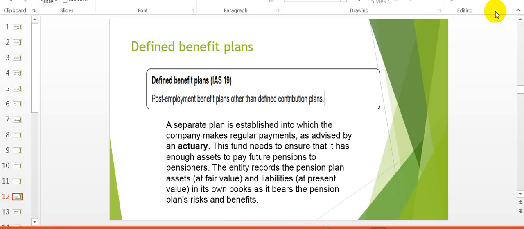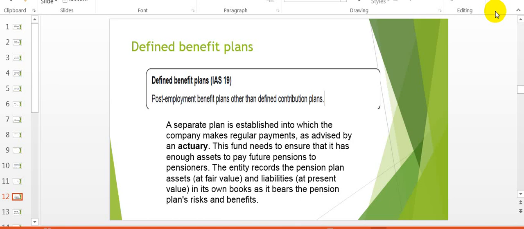The actuary will advise the entity on how much the entity needs to invest, based on projections and experience, using the information provided by the entity, such as the average age of the employees, the salaries, the retirement age, and other information.